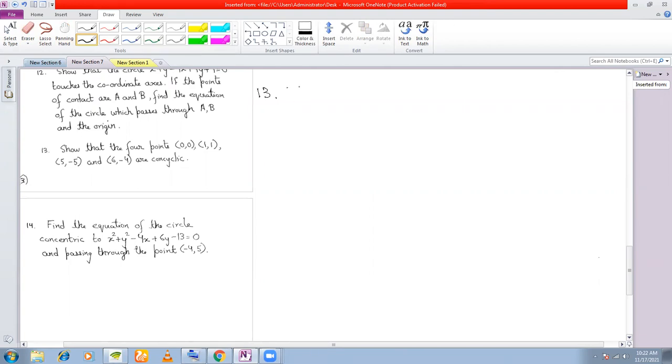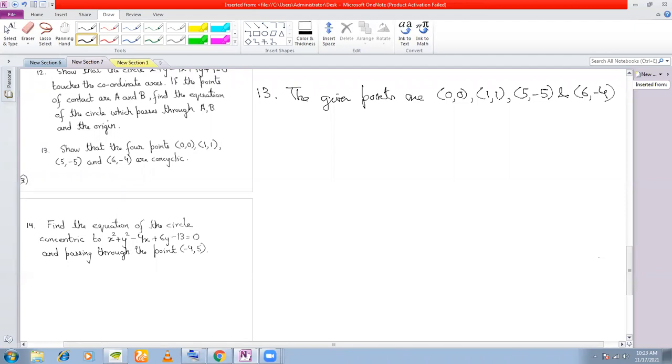Okay. So let's write the given points first. The given points are origin, 1 1, 5 minus 5, and 6 minus 4. You have to show that all these 4 points lie on the same circle. So to start with, you choose any 3 points out of the 4.